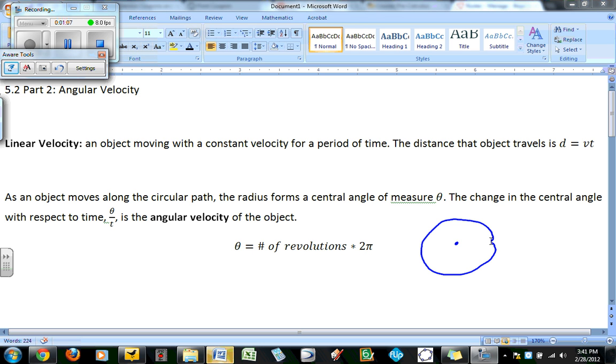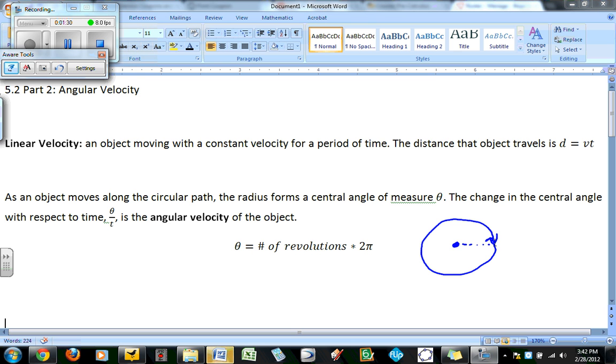The best way to think about it is a tire. A tire spins and travels all the way around in a circle around a central spot, the middle of the tire. What we're talking about in angular velocity is how many times this thing goes around.